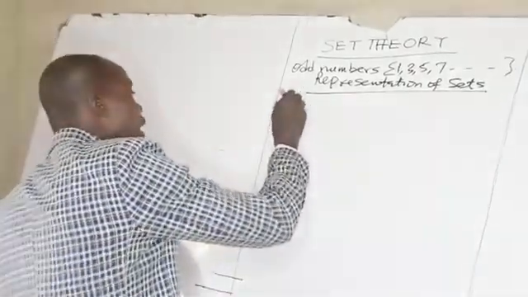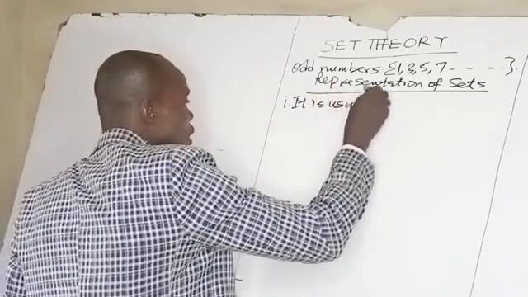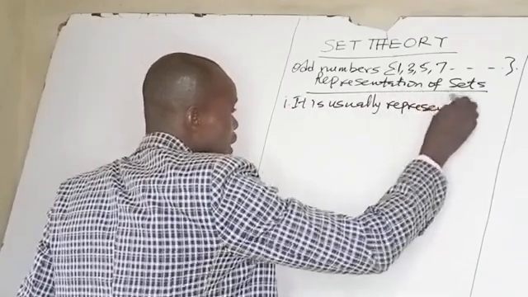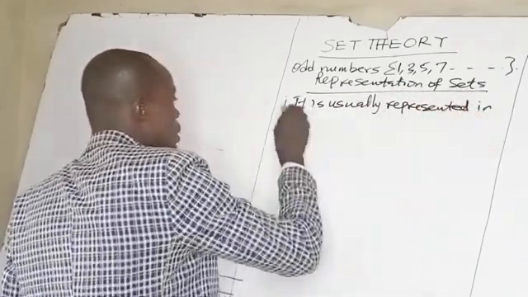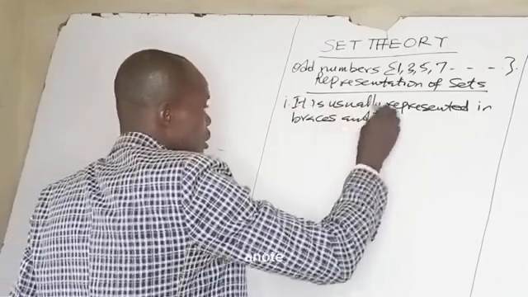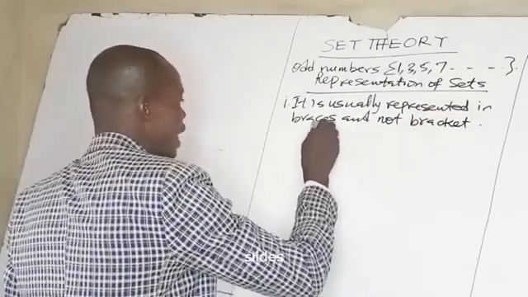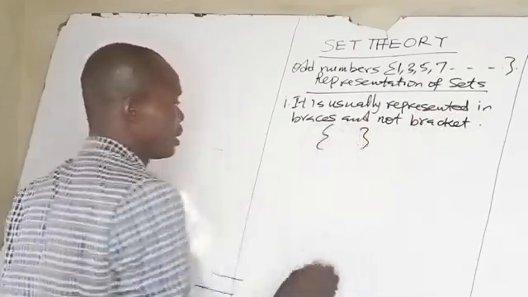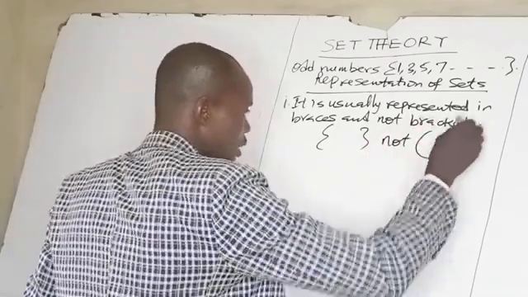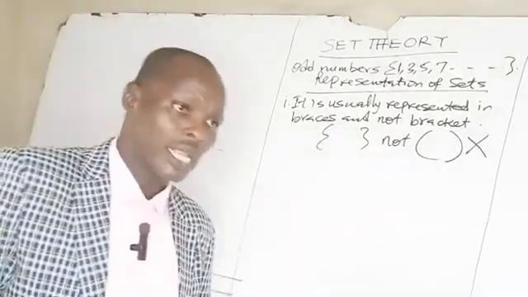Braces are like this, not like this. This is wrong. So we use braces for sets.